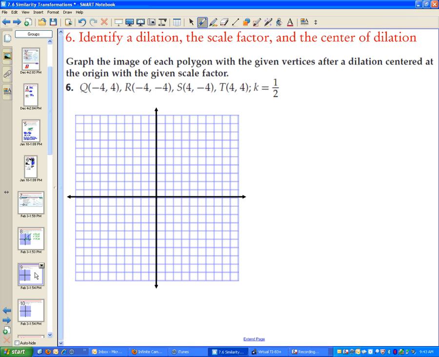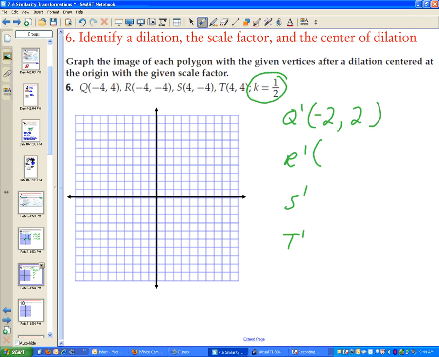Let's try this one. In fact, before I graph anything, let's figure out what the new coordinates are going to be for Q prime, R prime, S prime, and T prime. Since the scale factor is 1/2, multiply each coordinate by 1/2. What's negative 4 times 1/2? Negative 2. Positive 4 times 1/2?